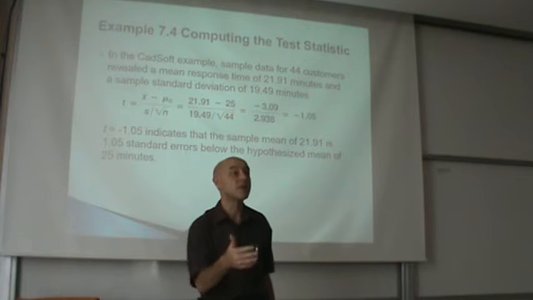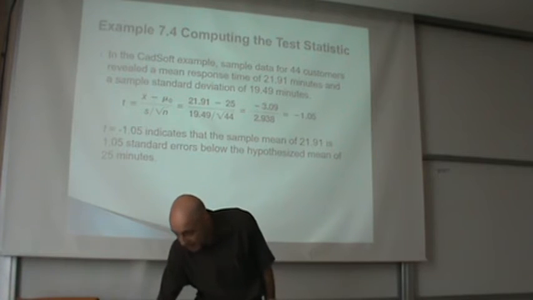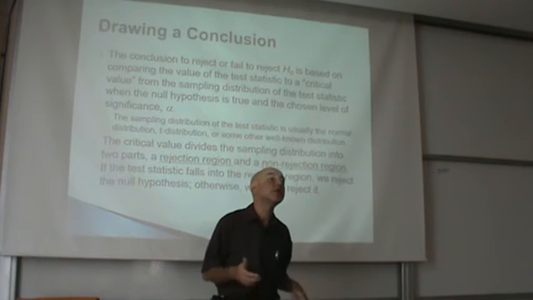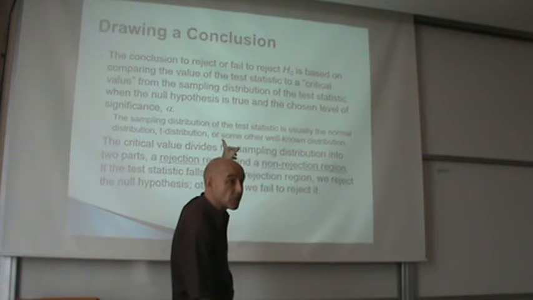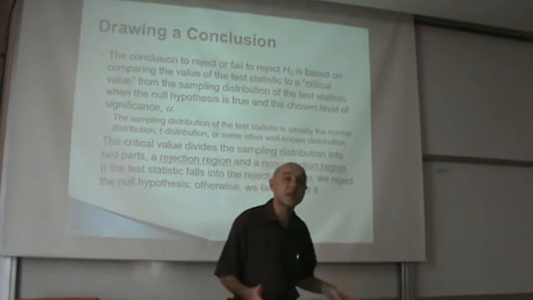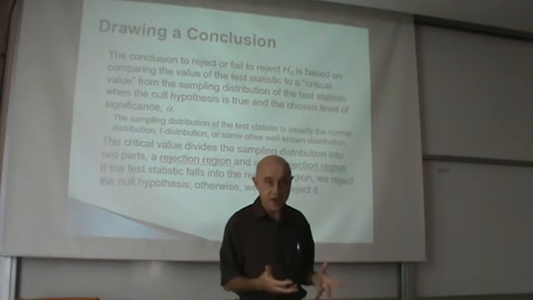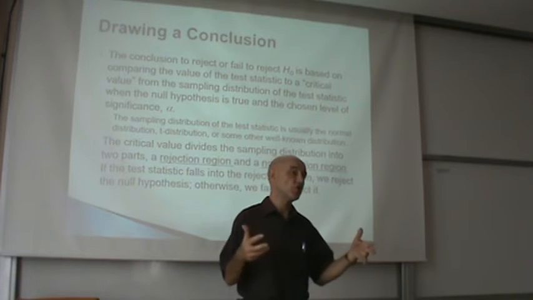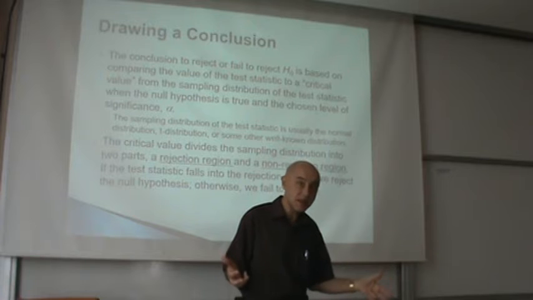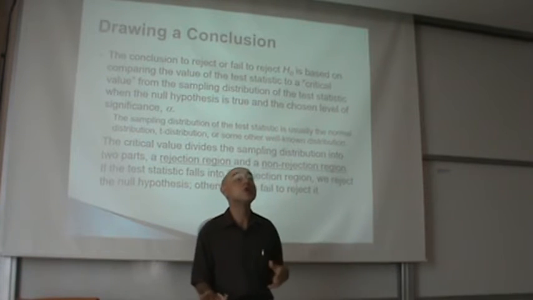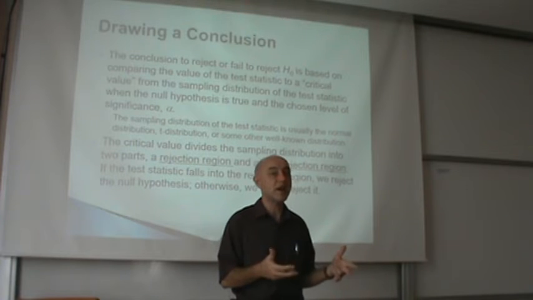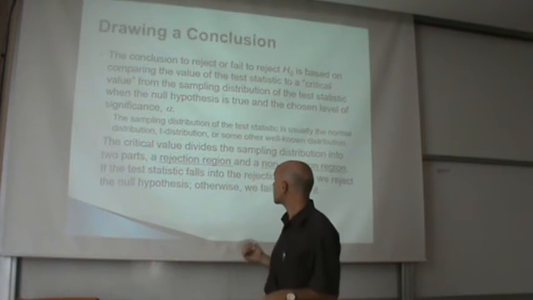I'm going to try to run those examples in the lab. And then you need to make a conclusion, meaning a statistical conclusion. And the statistical conclusion is either you can reject the null hypothesis and you'll have to accept the alternative, or you cannot reject the null hypothesis.